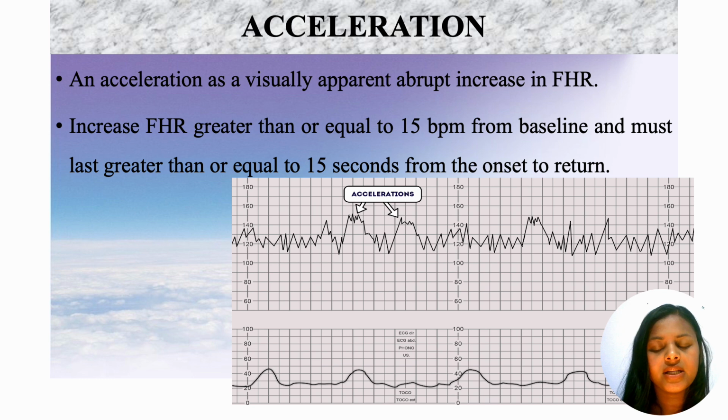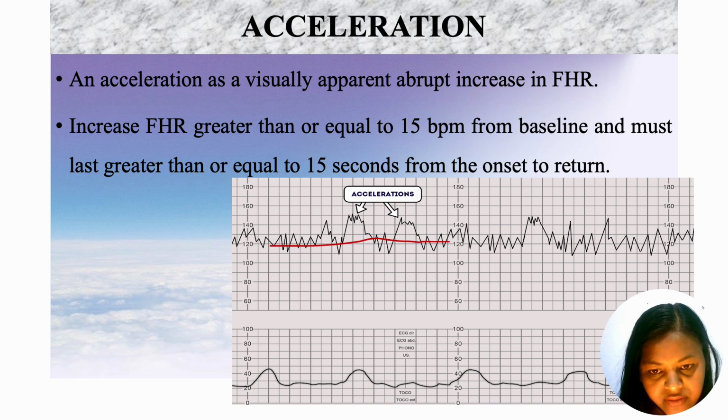Next component is the acceleration. Acceleration is an increase in the fetal heart rate of greater than or equal to 15 beats per minute from the baseline fetal heart rate. This one here is the baseline fetal heart rate.